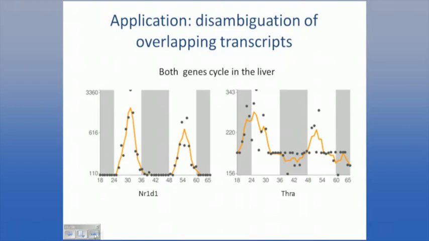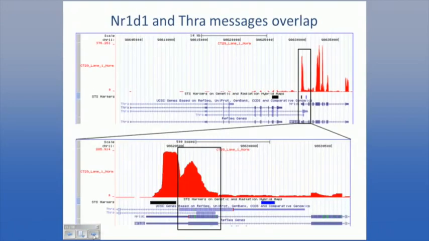And it so happens that these transcripts are head to tail in the genome, so that one goes like this and the other one comes back, and they have an overlapping region in their transcription. And this happens to be near where probes are often designed with arrays to detect their expression. So it was a little bit difficult to figure out what's going on at this particular locus simply looking at array data.